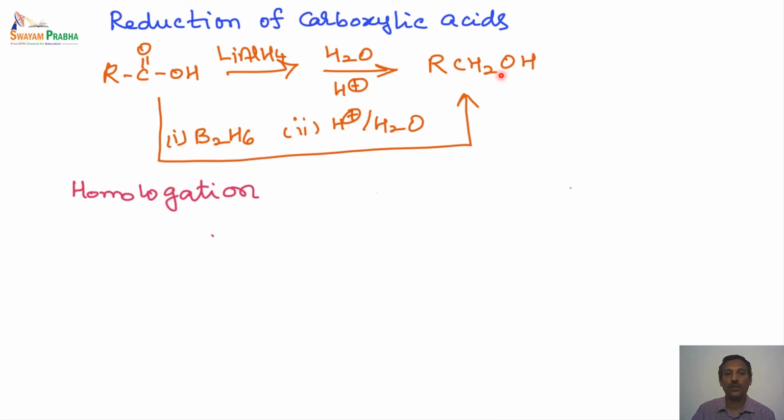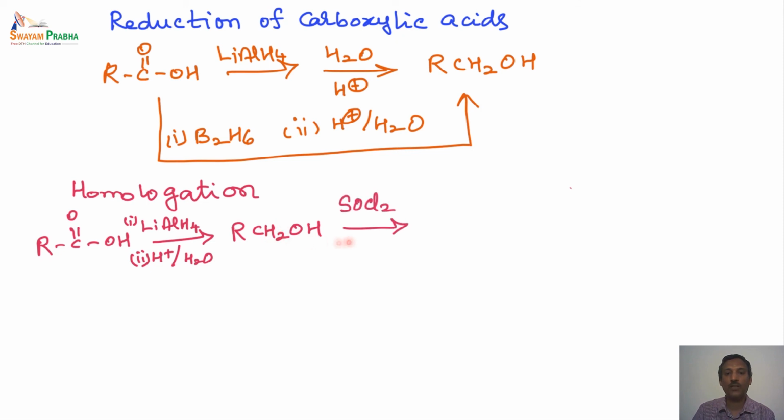The next one is homologation. So the carboxylic acid on reduction with lithium aluminum hydride followed by hydrolysis produces the corresponding primary alcohol. This primary alcohol can be treated with thionyl chloride to give the corresponding chloro derivative. This chloro derivative can be treated with sodium cyanide to give the corresponding nitrile or cyano derivative.